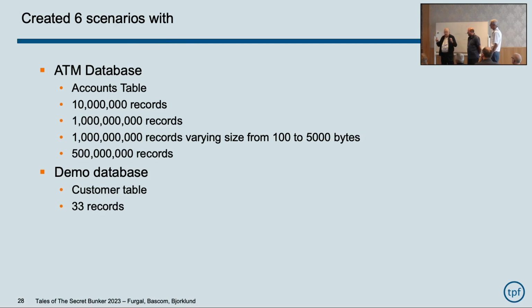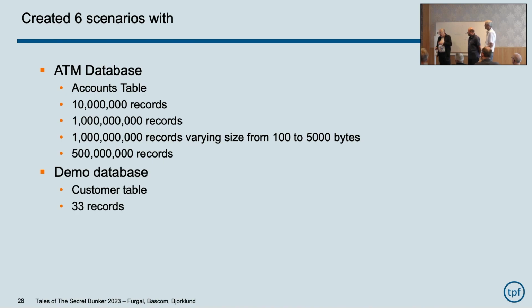So we started with a copy of the ATM database. We made several different variations of that in different sizes, because there's one huge table in that database, the account table. So we tried it with different sizes just to see how size and performance were related, and also database size changes.